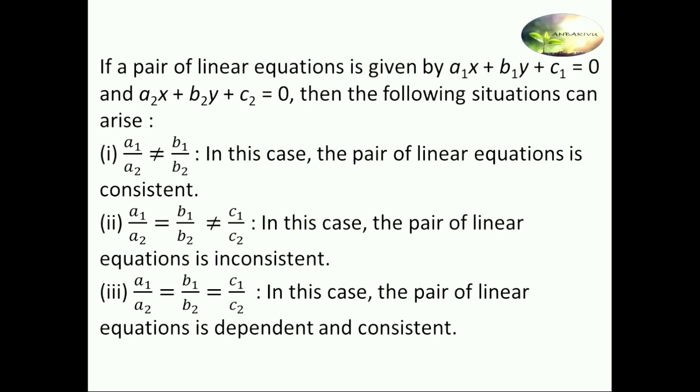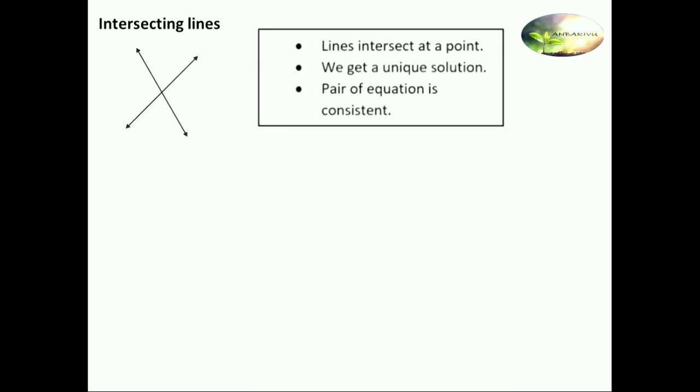Let me show the diagrams for the pair of linear equations. First one, intersecting lines. Here the two linear equations intersect each other, we get a unique solution and the pair of equations is consistent. Second one, parallel lines. The two lines never intersect.